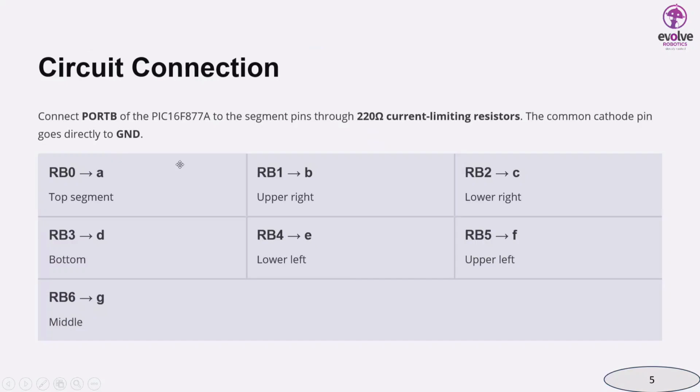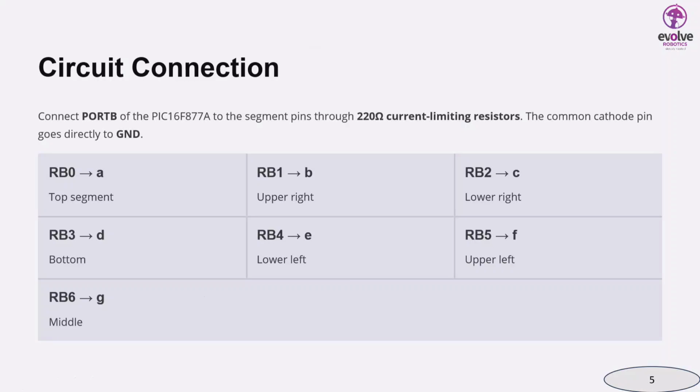RB0 is connected to segment A, RB1 is connected to segment B, RB2 is connected to segment C, RB3 is connected to segment D, RB4 is connected to segment E, RB5 is connected to segment F, and RB6 is connected to segment G. Each segment must be connected through a 220 ohm resistor. This resistor protects the LED from excess current.